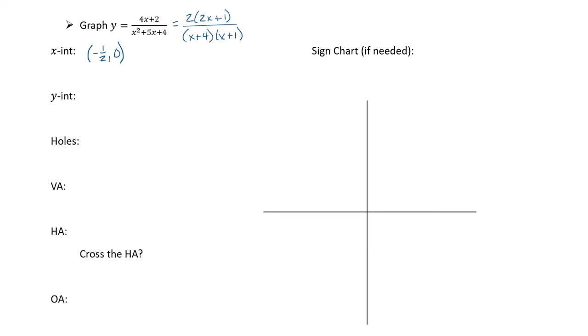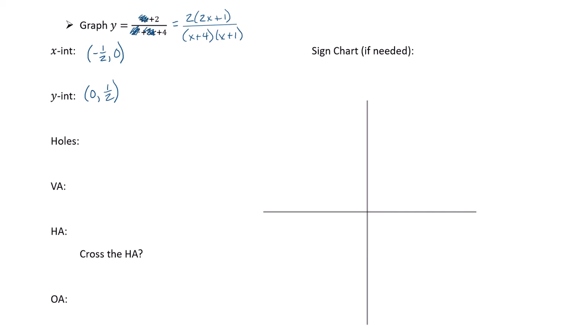Y-intercept is where we make the x's 0, and it helps to use the expanded form there. If the x's here are 0, then y is 1/2. Now let's look for holes.